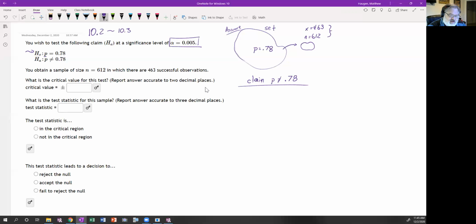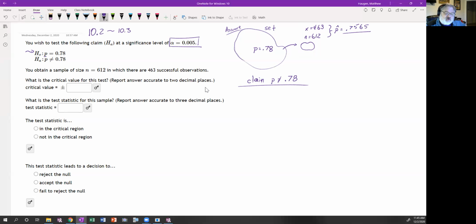We could combine those to get our sample proportion if we knew what 463 divided by 612 is. So 463 divided by 612 is 0.7565.